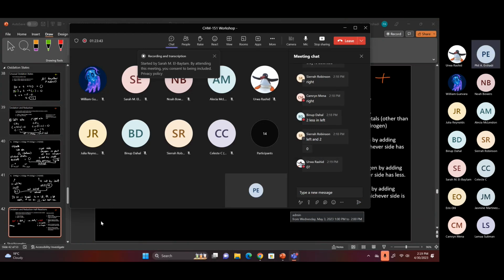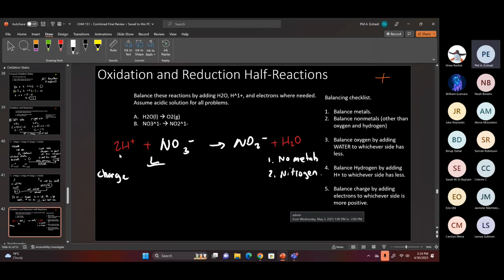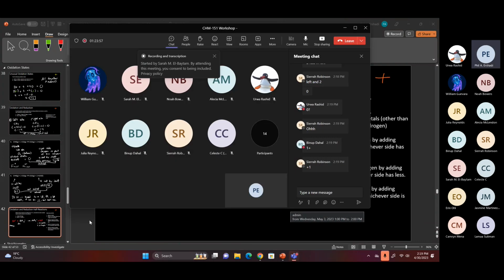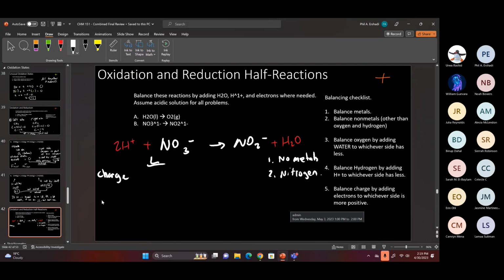You're thinking 0? This is why we've got to be careful about our math, because I think you're seeing the plus and the minus, but you see there's 2 pluses. It's 2H plus, 1 negative. Very good. So our charge on the left is +1.